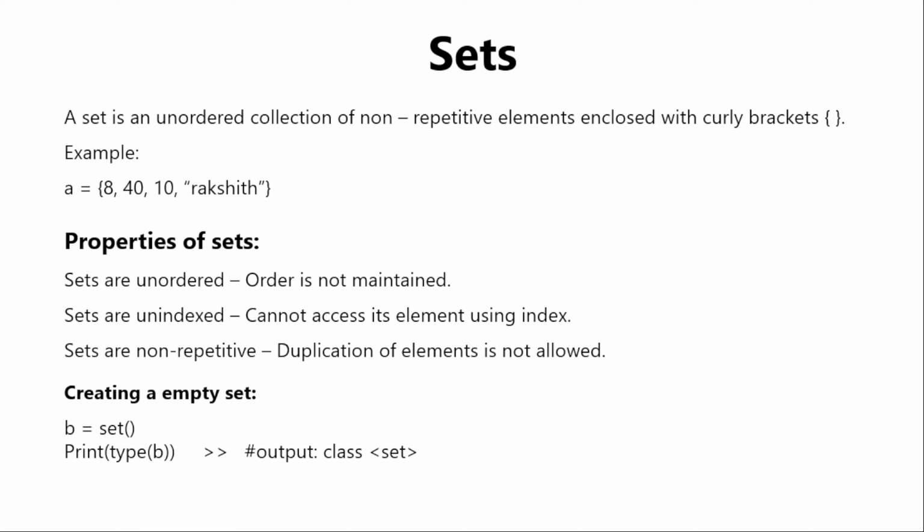Elements of a set cannot be accessed using index values. Since the positions in sets are not maintained, you cannot access an element using an index. Sets are non-repetitive. If you try to add duplicate values, for example 2, 2, 3, 3, it is not possible in sets.